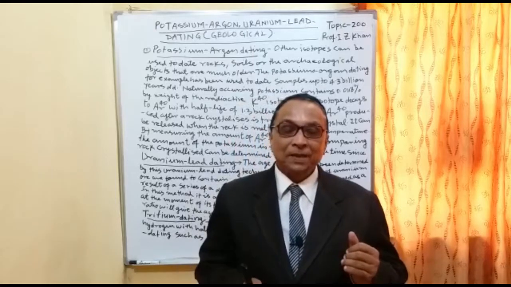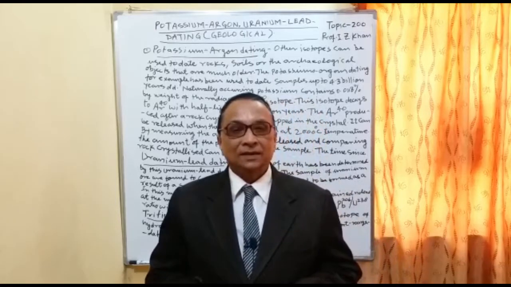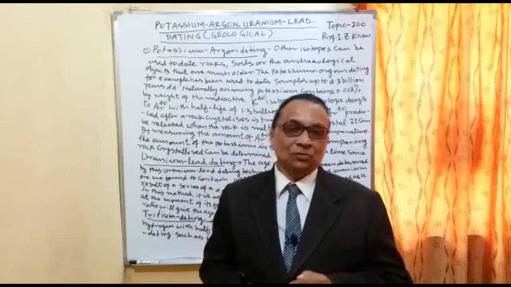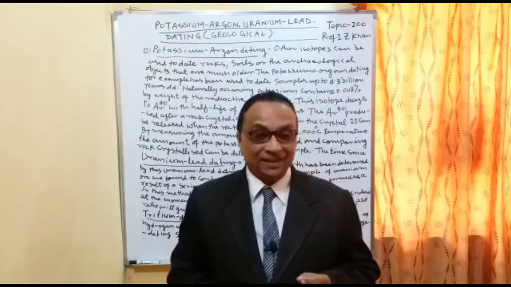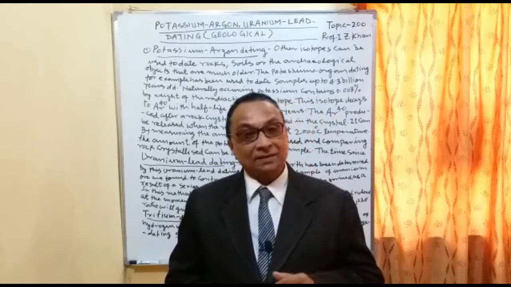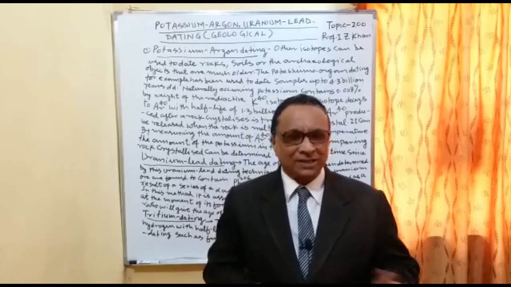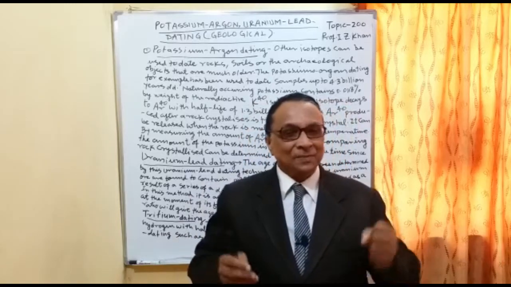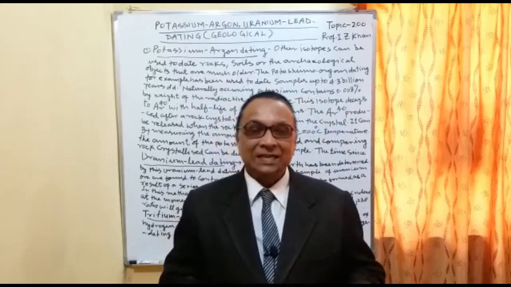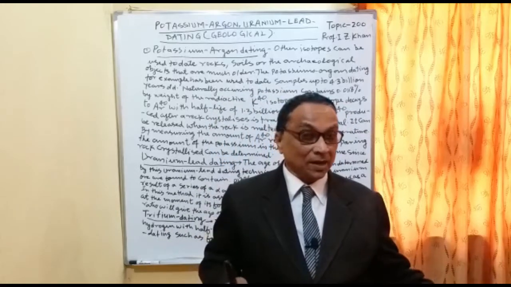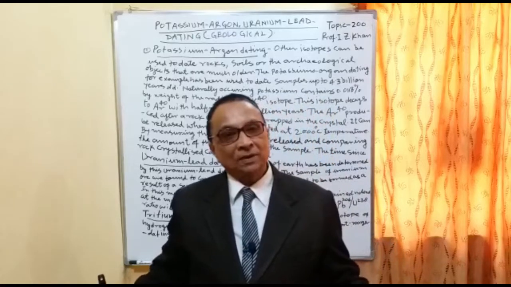For example, when potassium 40 is converted to argon 40, it takes 1.3 billion years for that conversion. When one of the oldest rocks is melted, you can find what amount of potassium is there and what amount of argon is there.